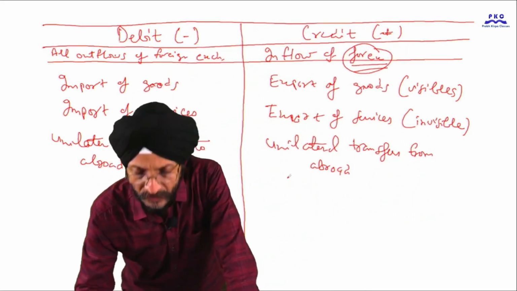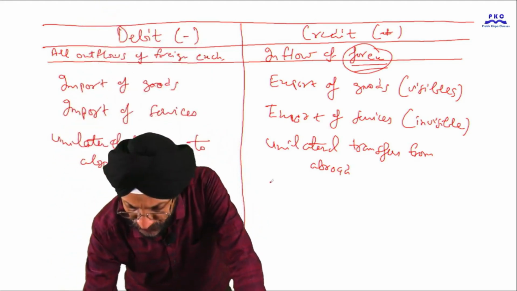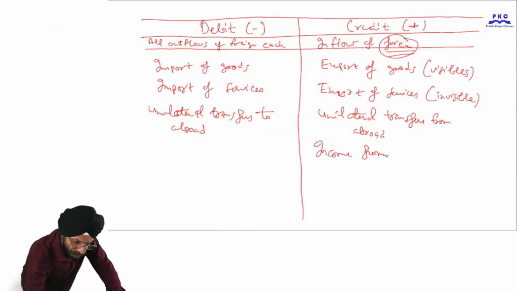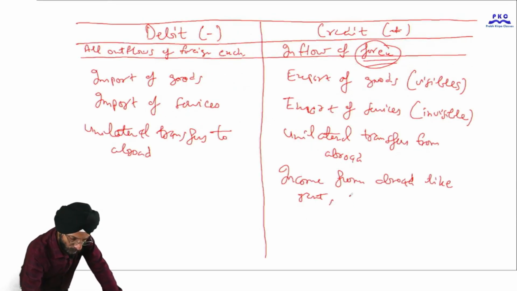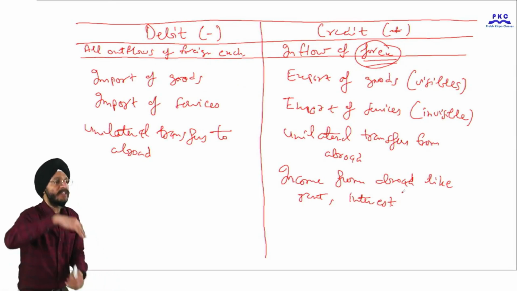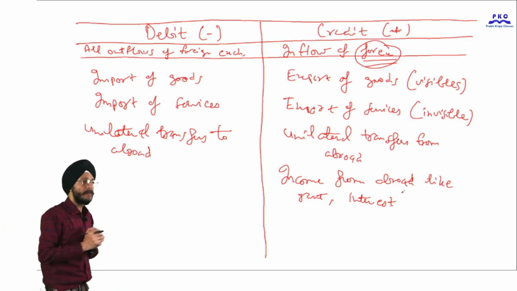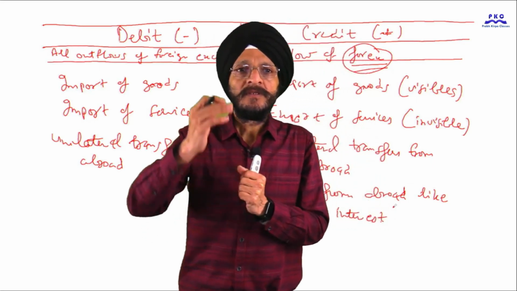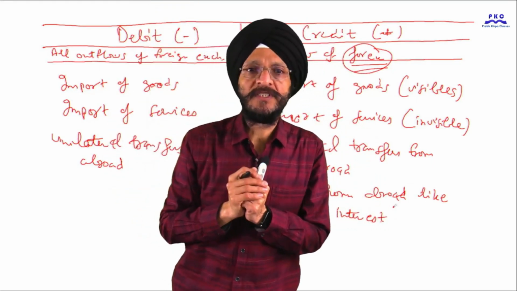So, if we receive income from abroad in the form of, say, rent or interest for the investment made abroad, then it results into inflow of foreign exchange.